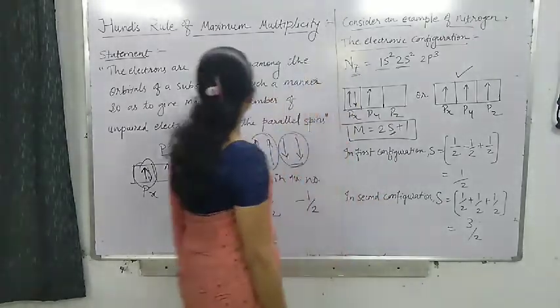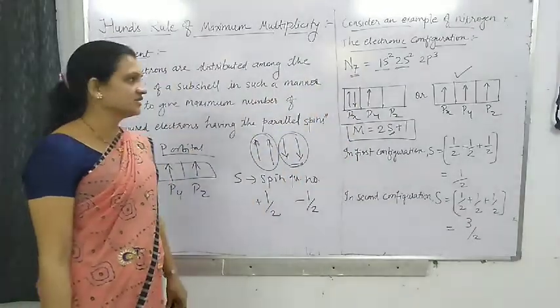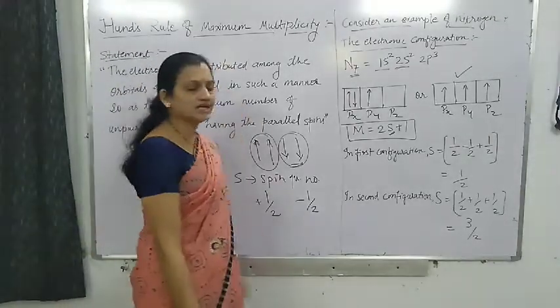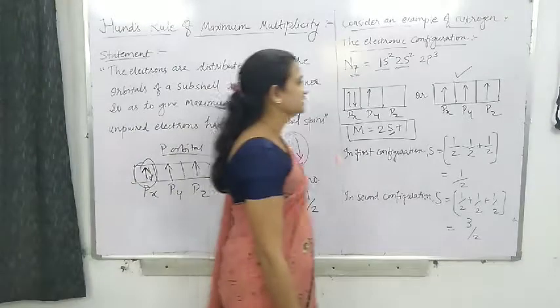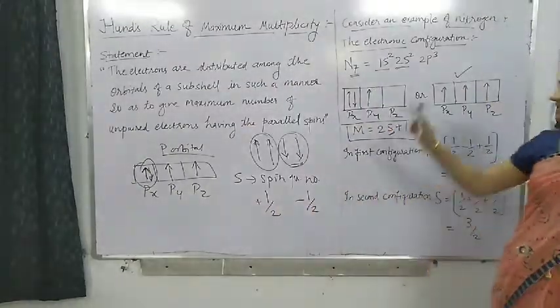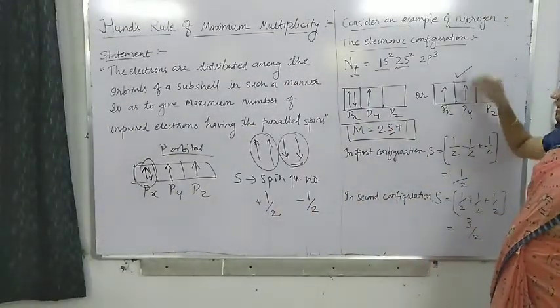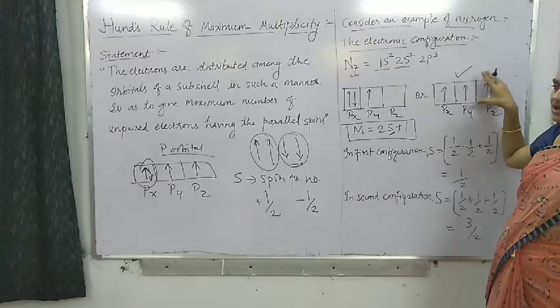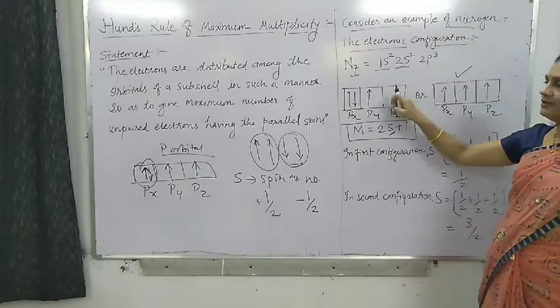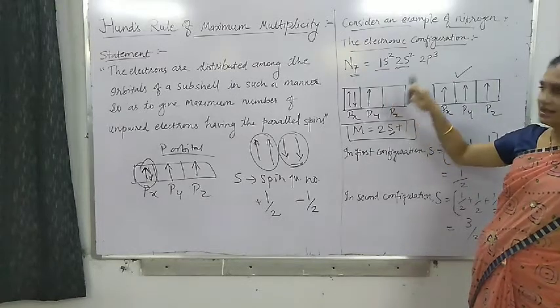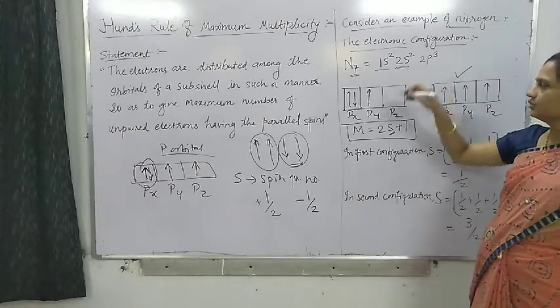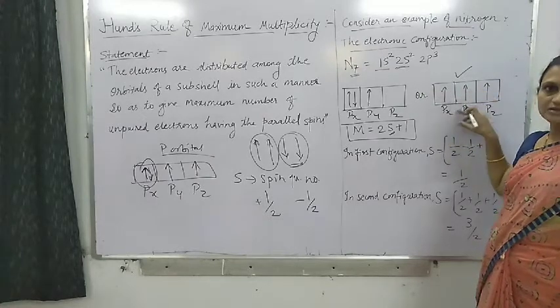Therefore this Hund's rule of maximum multiplicity shows that the electrons are distributed among the orbitals in such a manner as to give the maximum number of unpaired electrons having parallel spin. We have to fill these first and not keep any orbital empty. Okay, after that, if a remaining electron is there, then you can pair it in that orbital.